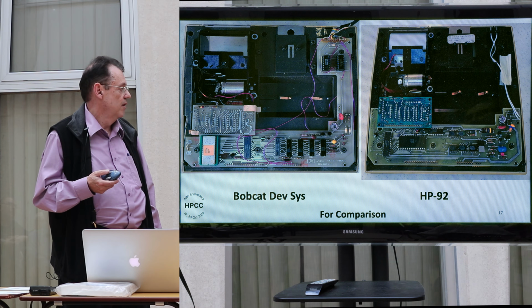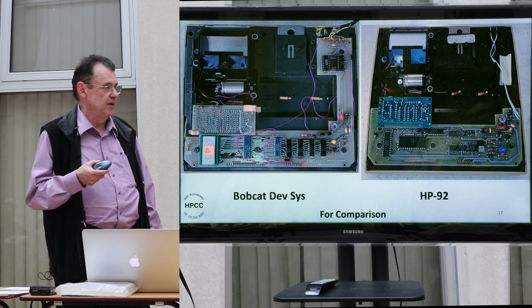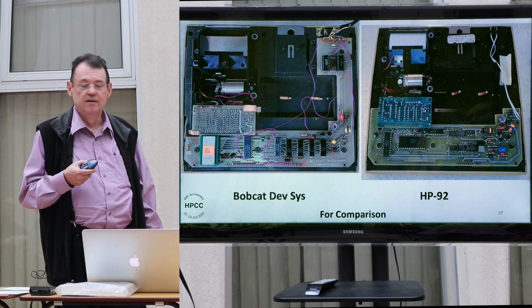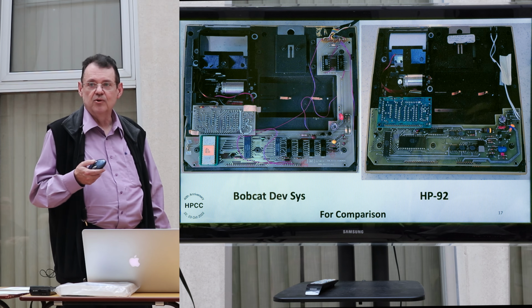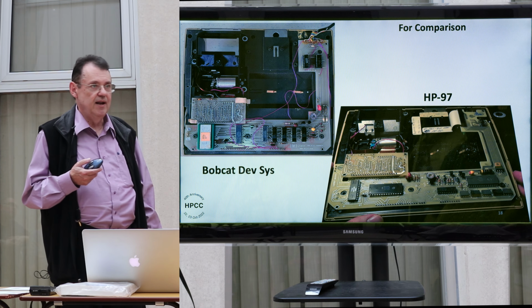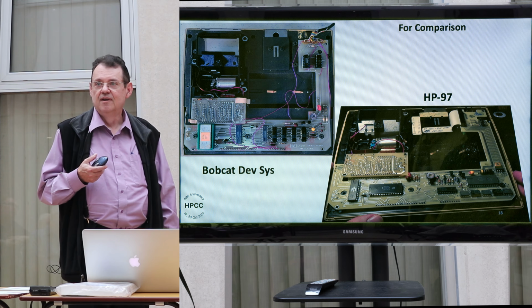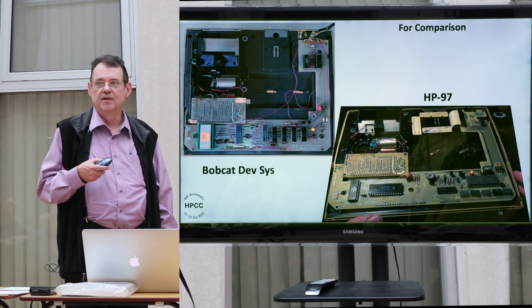And again, I used the bench briefs that we talked about in the other talk to look up the 1820 part. Okay, so now this is the Bobcat and an HP-92 side by side. And you see that they don't look that similar. But this is a Bobcat and an HP-97. Okay, the HP-97 was around when they were developing the HP-92.